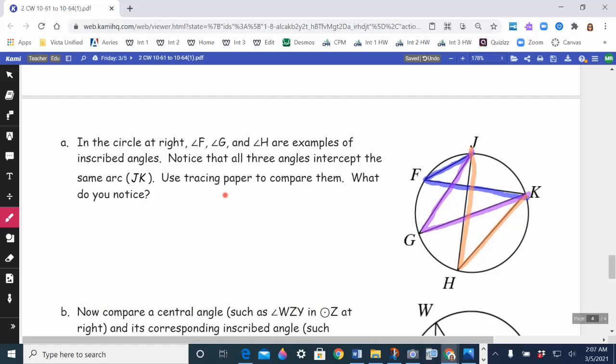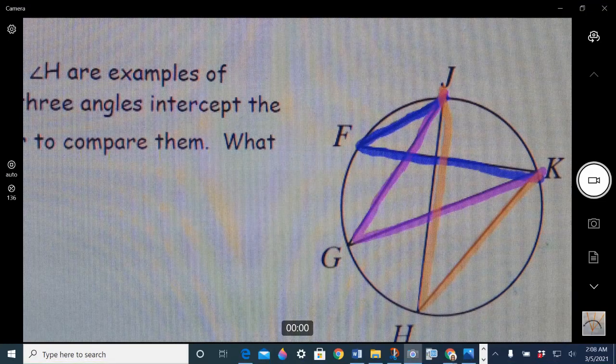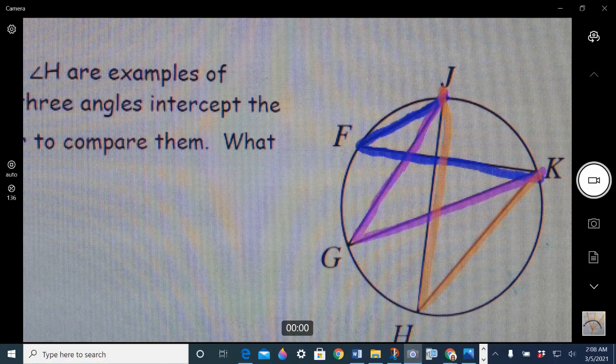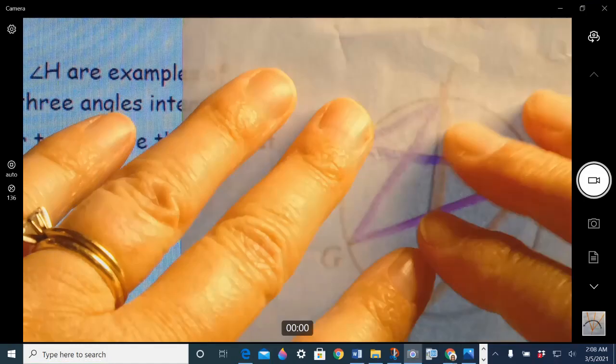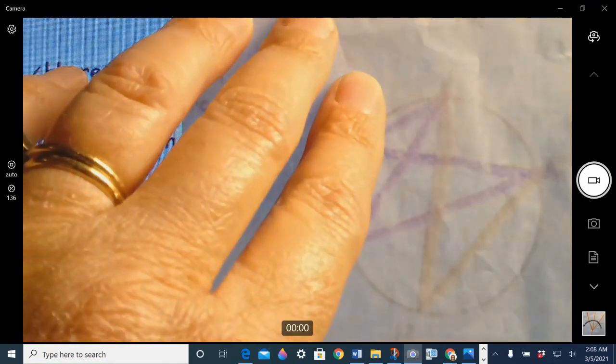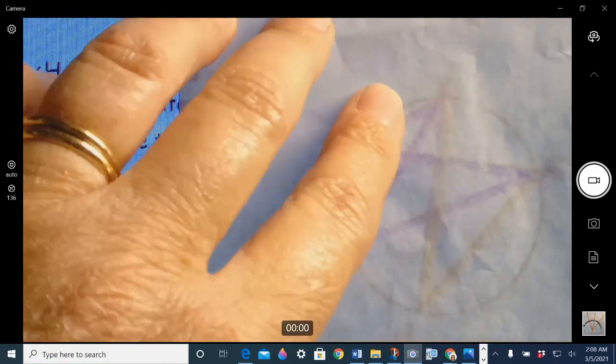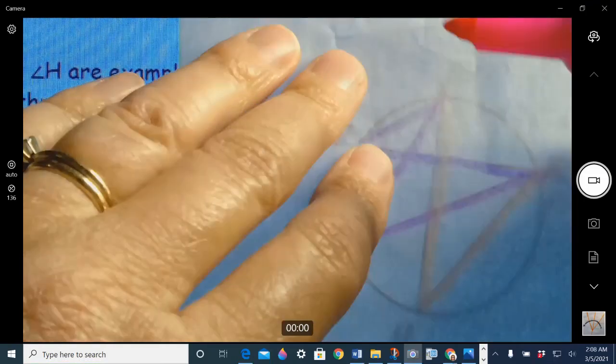Okay, and what they want you to do is to trace them and compare them. So I'm going to get that situated. I'm going to trace them and then compare them. Let's see if I can do this with this pen here.